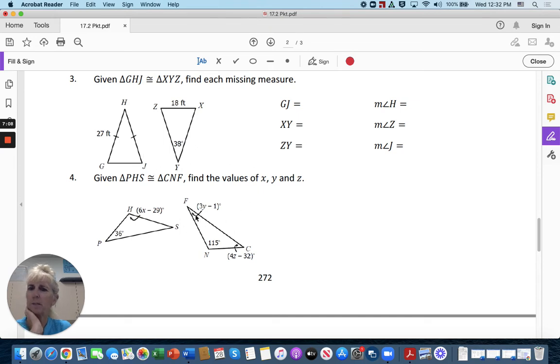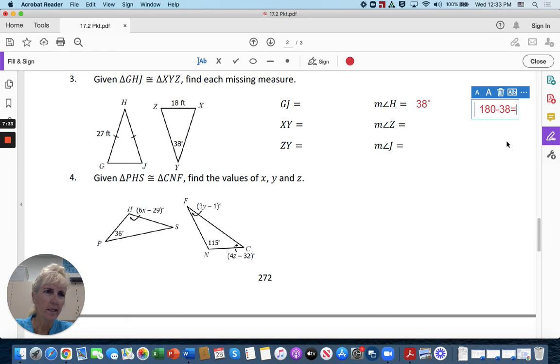I wanted to do a little bit harder one, which would be this one. So, actually, maybe I'll do angle H over here is going to be 38 because it matches this angle right here. Then we can say, okay, 180 minus 38.